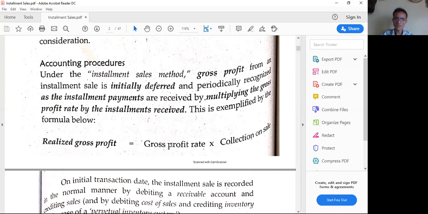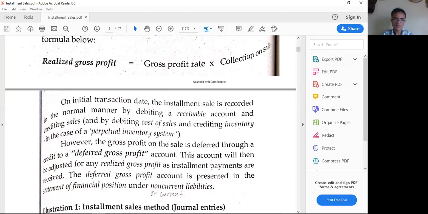All we have to do is to multiply it directly. But if this is based on cost, remember it's going to be that rate over 100% plus the rate. So example, if the rate is 40%, so that's going to be 40 over 140. Okay, so that is a discussion in intermediate accounting.